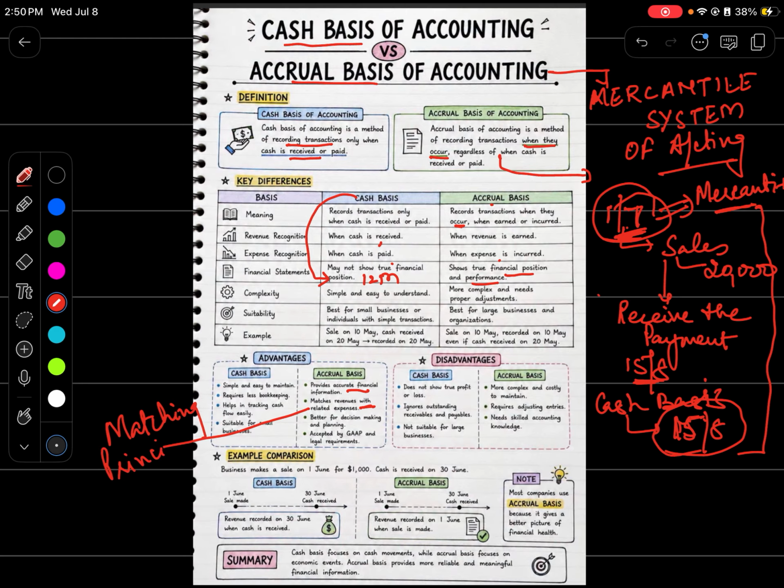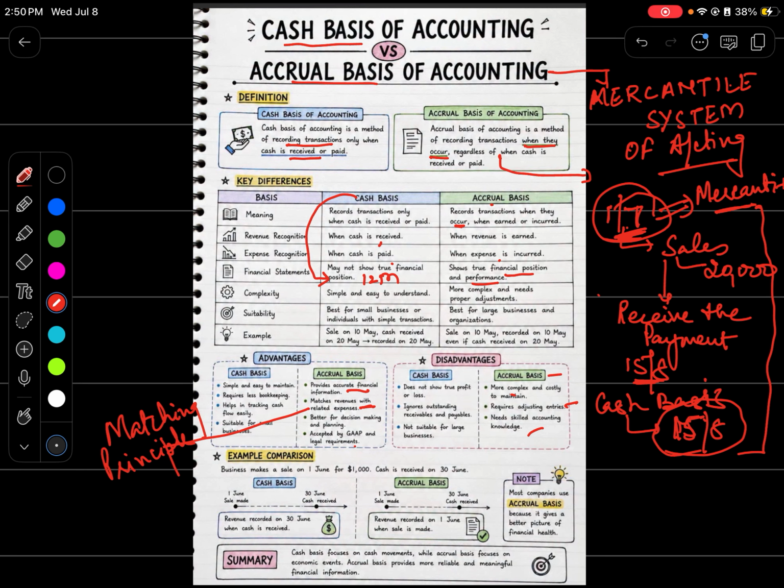And then it is better for decision making. Why? Because we get to know the true financial position, and it is also accepted by GAAP and IFRS all over. There are certain disadvantages: accrual basis is more complex, it requires more adjusting entries, and it needs a more skilled accounting level to maintain the accounts as per the accrual basis.